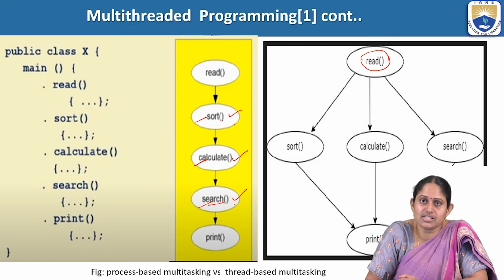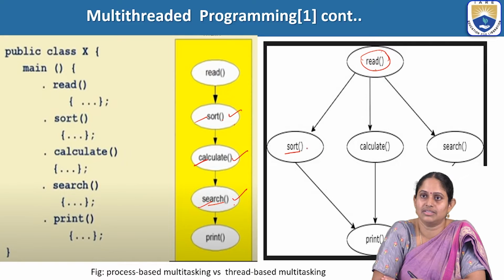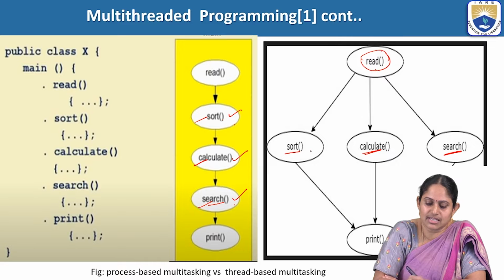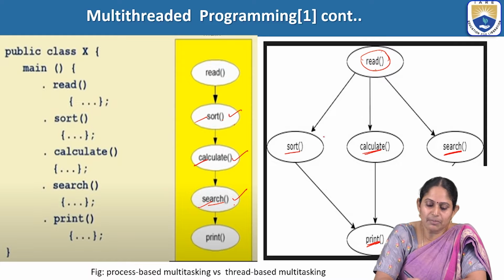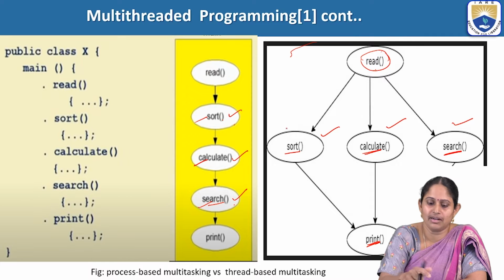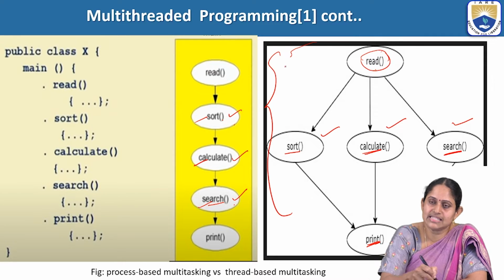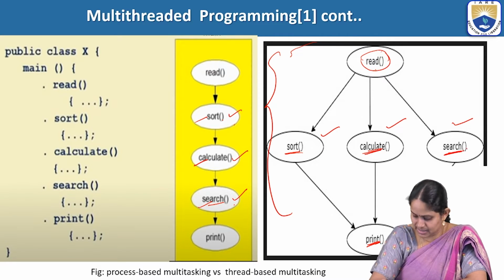After reading the array, you implement the sort method in one thread, use another thread to calculate the sum of the elements, and another thread for searching the elements. After all these are done, you can use the print method to print all the output. Here we are making use of three threads. This full thing forms one process, and inside that process we make use of three threads, by which you can enhance the speed of the operation.